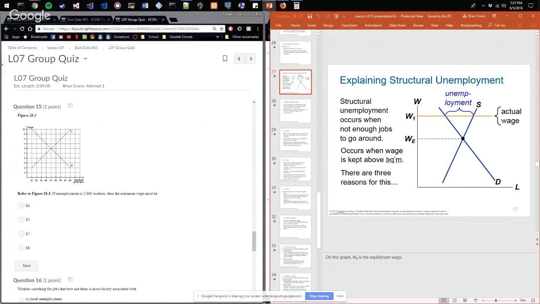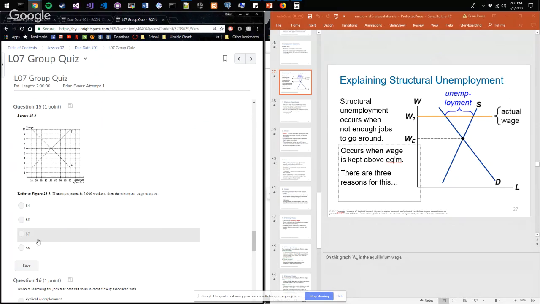The equilibrium. Okay. So if the unemployment, the difference, is 2,000, then that would be something like at the 5 or the 7. If there's unemployment and it's above the equilibrium, then I would say the minimum wage is $7, because the equilibrium is at 6. Right.